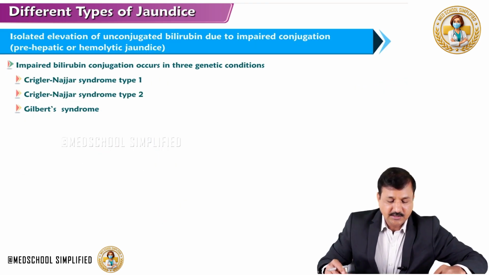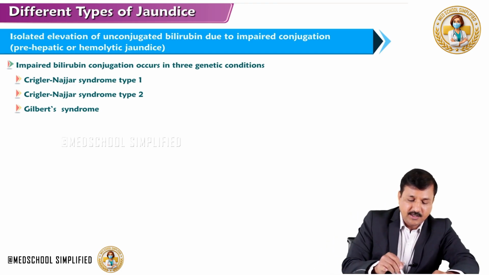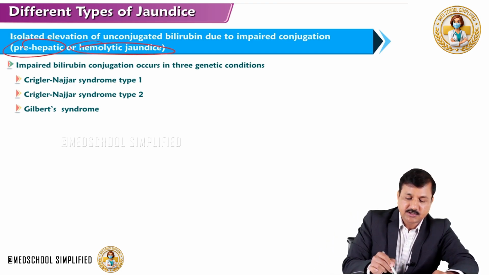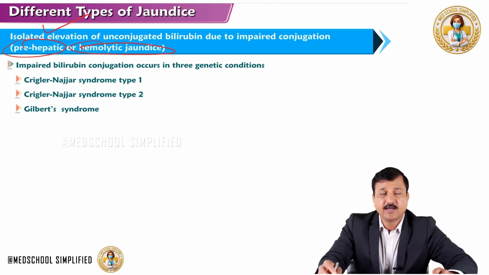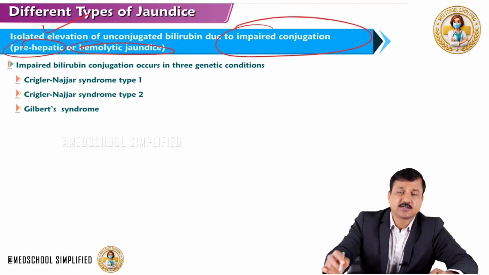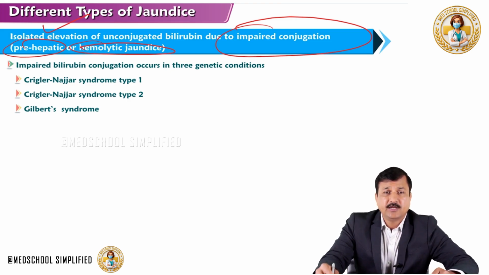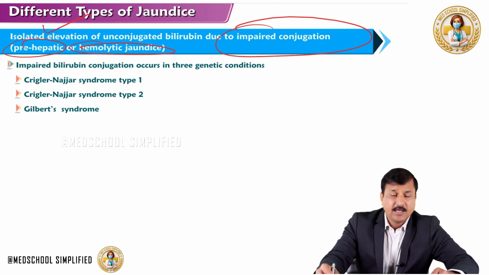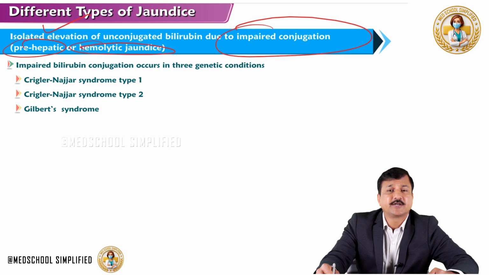Now, coming to other disorders which fall under pre-hepatic jaundice, where there is isolated elevation of unconjugated bilirubin, that is impaired conjugation of bilirubin in the liver, which is cause number 2. If there is impaired conjugation, it may also lead to elevated levels of UCB in the blood.